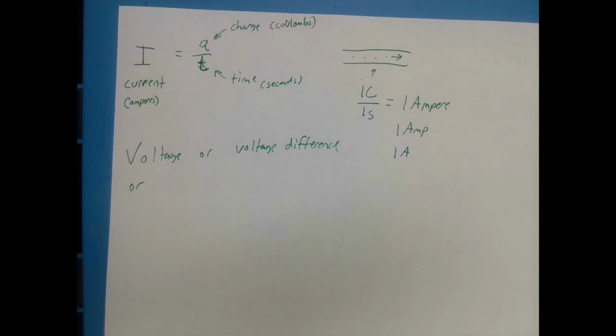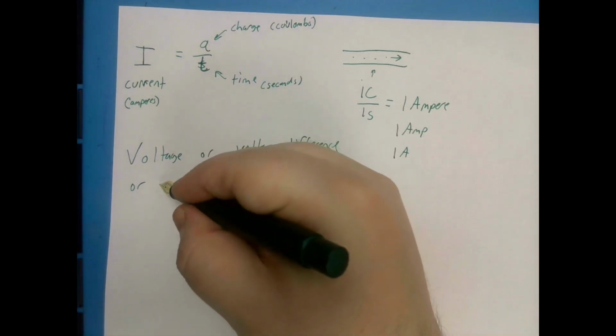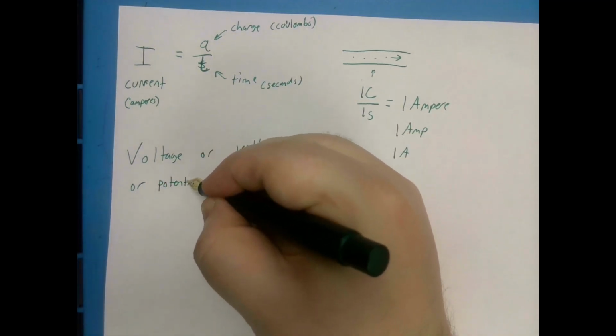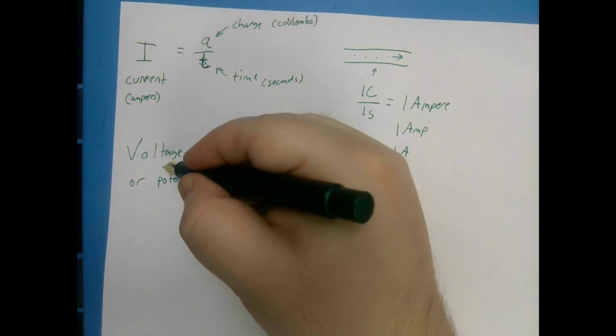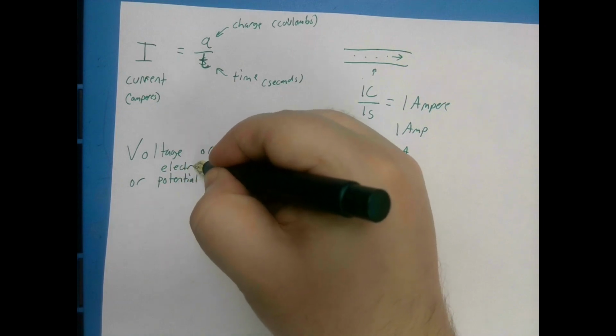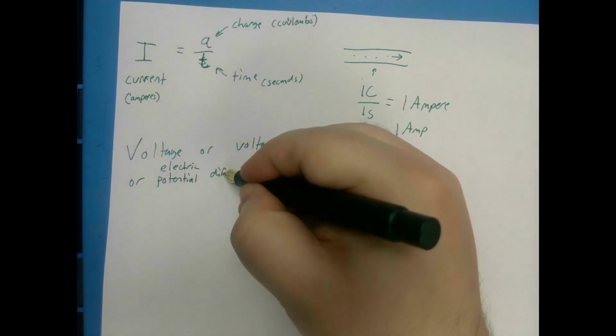Voltage has a lot of different names. Potential difference. This would be electrical or electric potential difference.